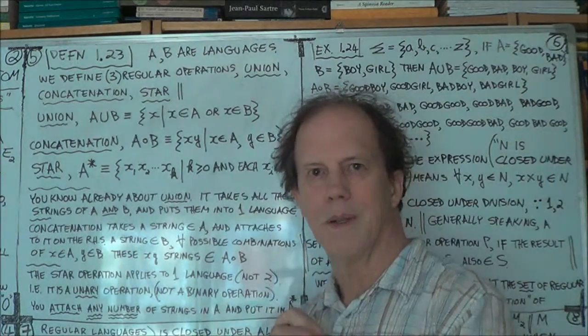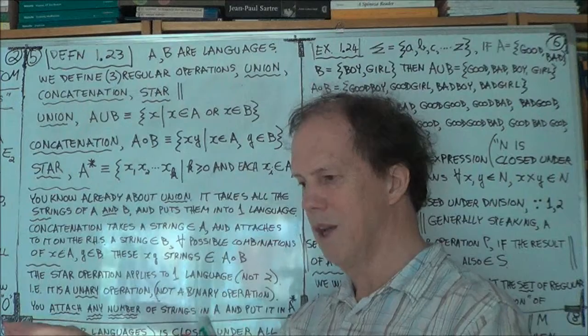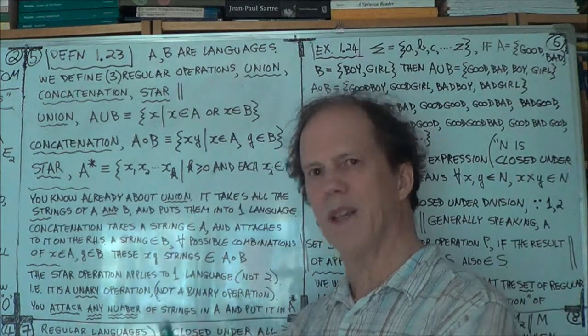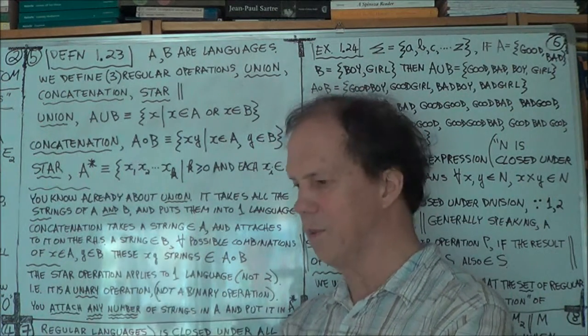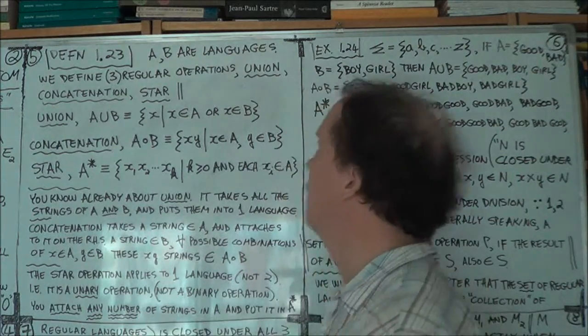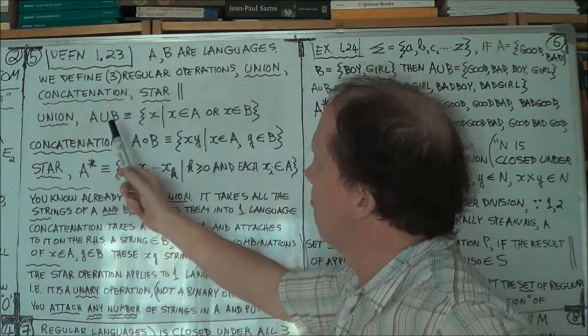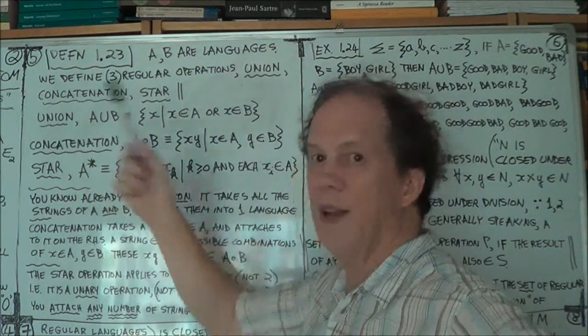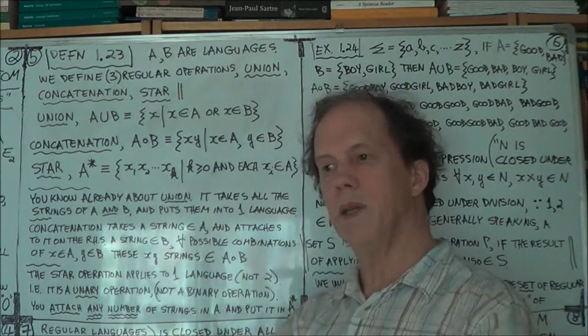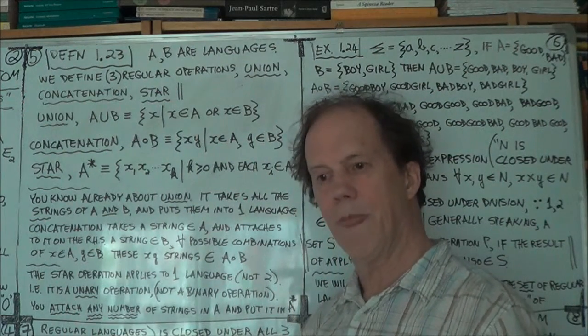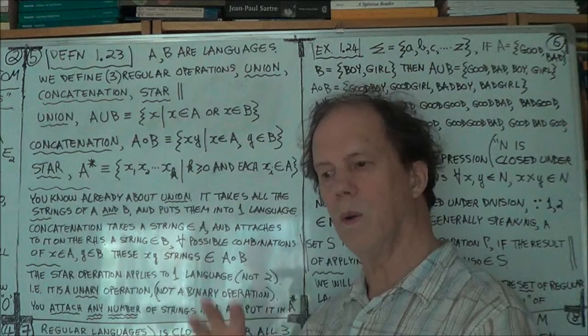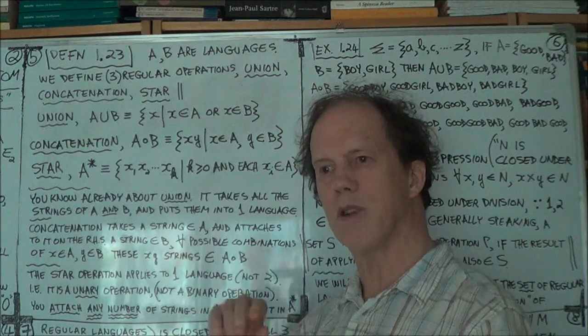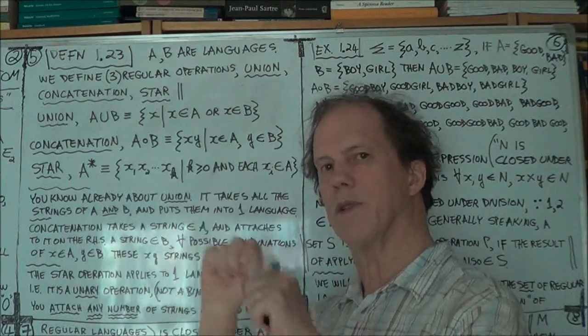It's as simple as that. You form a union. So the union of 2 languages would be a language that includes all the input strings of both languages.